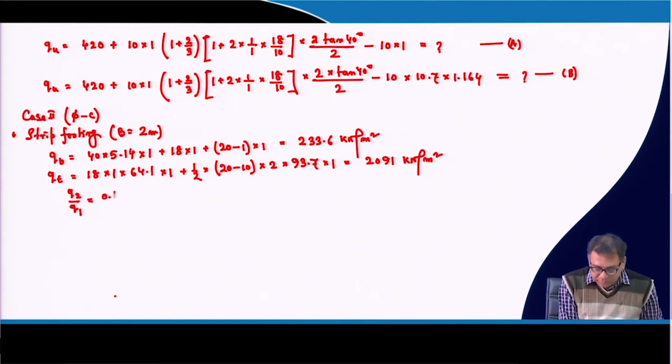So, this is 0.16 and Ks value is roughly 3.5.